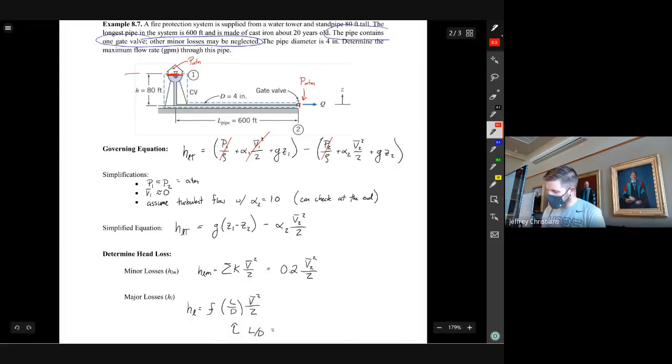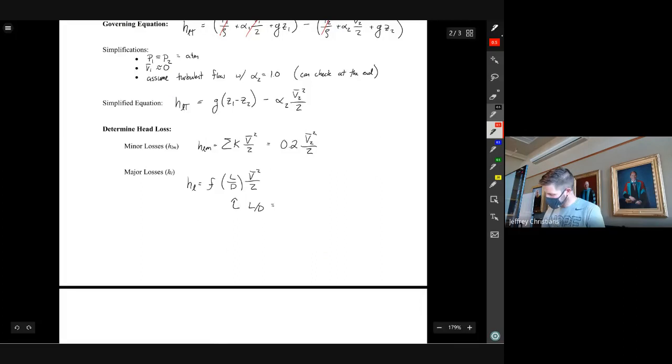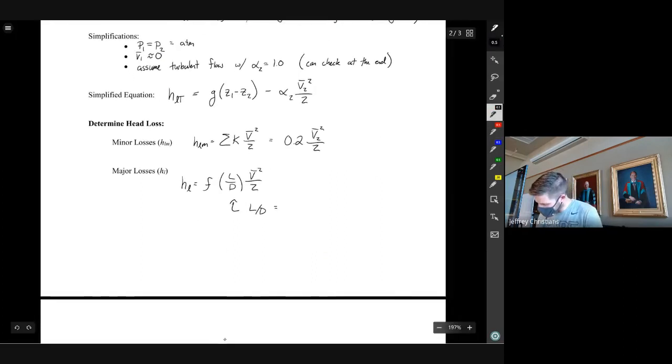So if you think about it, we have to go about 80 feet, maybe not exactly, but about 80 feet, and then 600 feet that way. So this is about equal to 80 feet plus 600 feet divided by 4 inches.